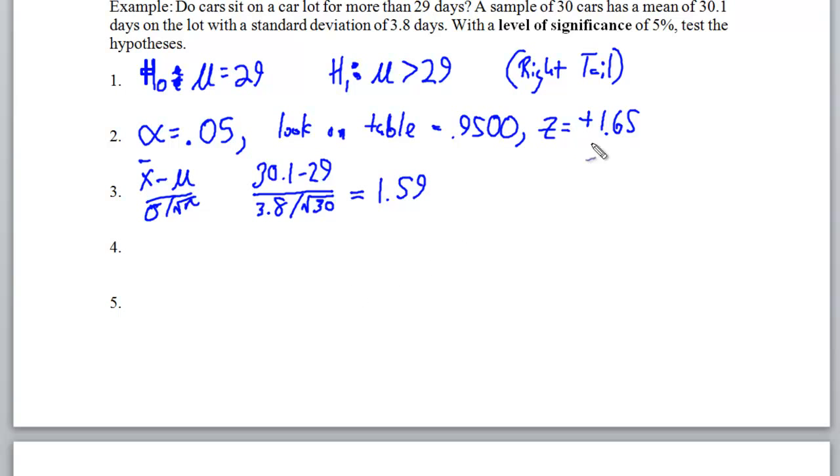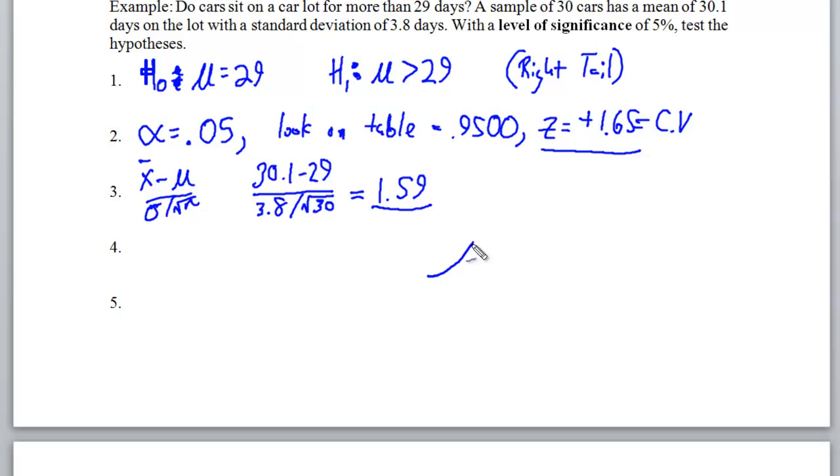Now here's where we need to compare the z-score, which is our critical value, which I should probably put down as CV, to our test score.